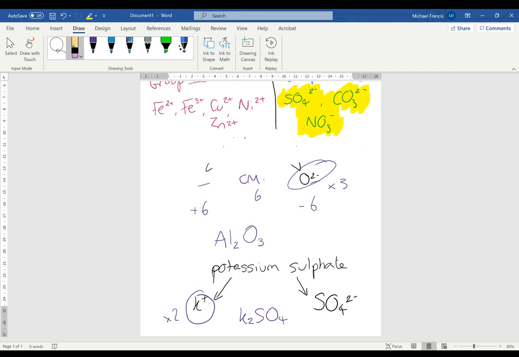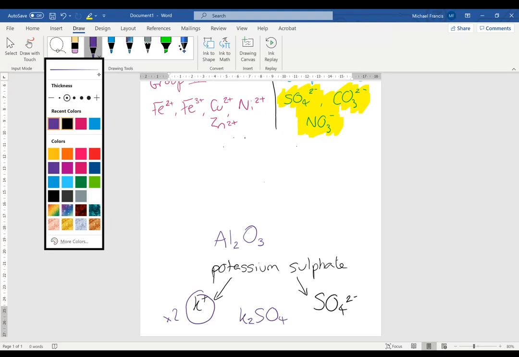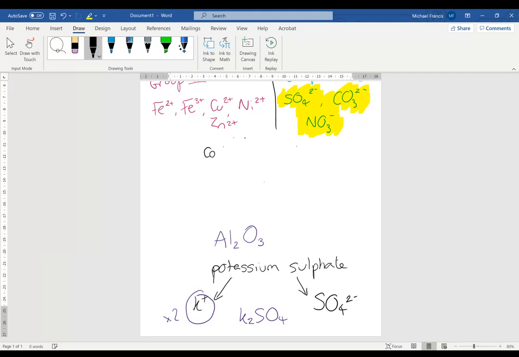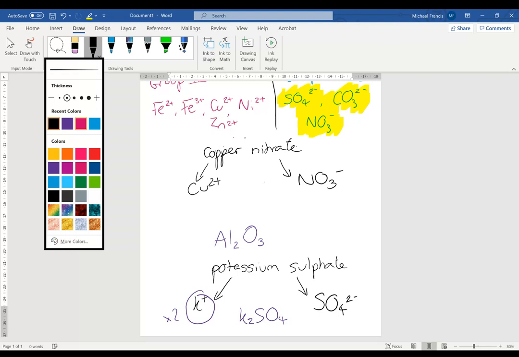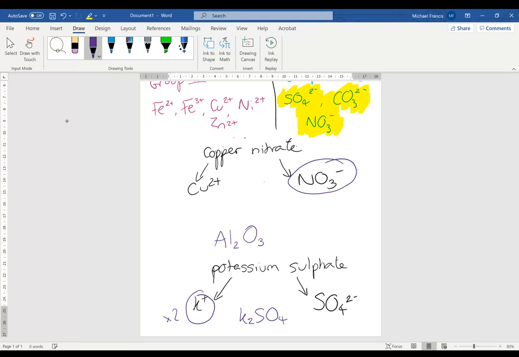One more example. These are the trickiest ones. Okay, when you get something like copper nitrate, copper +2 and nitrate is -1. So this time it's the nitrate that I need 2 of.